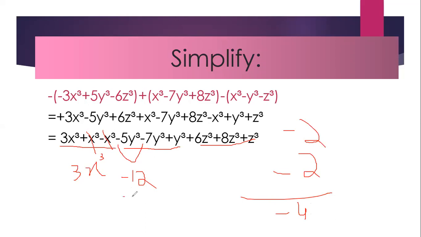Okay, minus 12 plus 1. When the negative number is greater, you get the answer in negative. Now 12 minus 1 is 11. Is it clear? 11y cube.